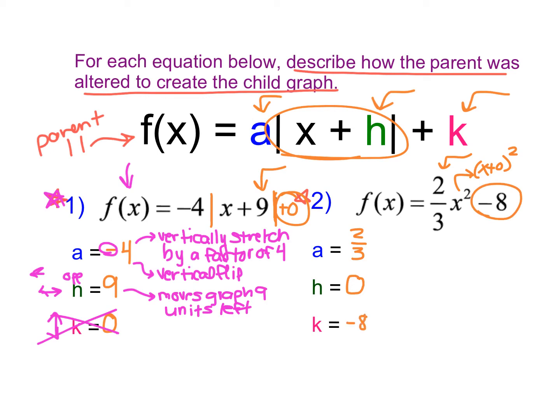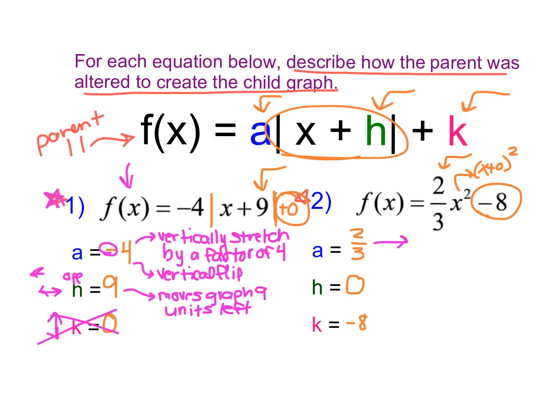So now that we've identified our a, h, and k values, we can talk about how the parent function is going to be altered in order to create this graph. Our quadratic parent function first is going to be altered by this a value. This a value is positive, so there's no flip happening this time around. But a is equal to 2/3, which is less than 1.